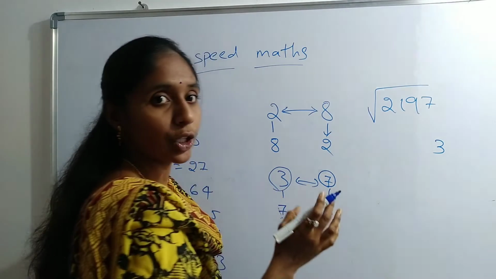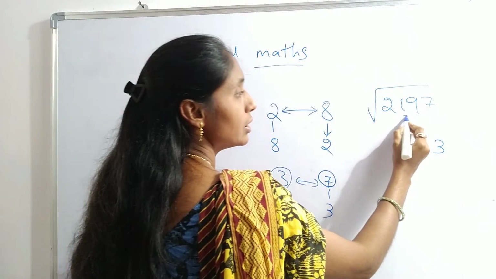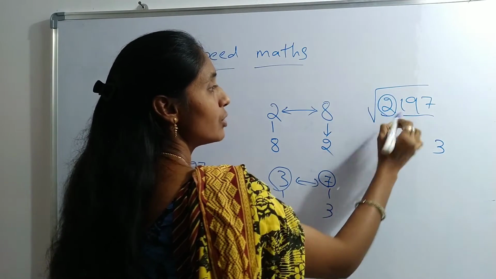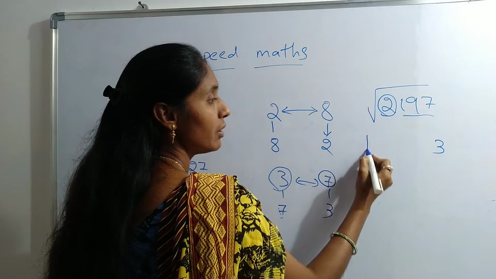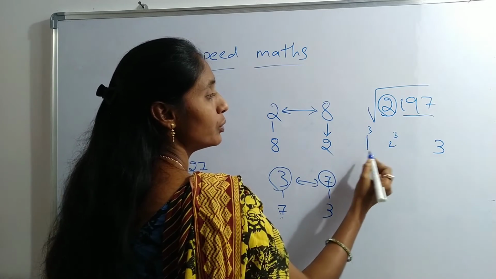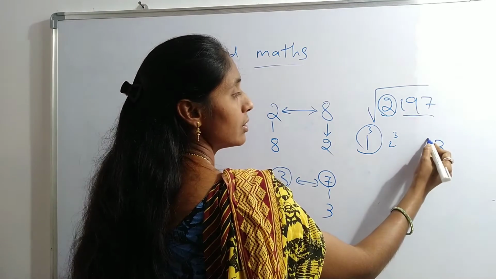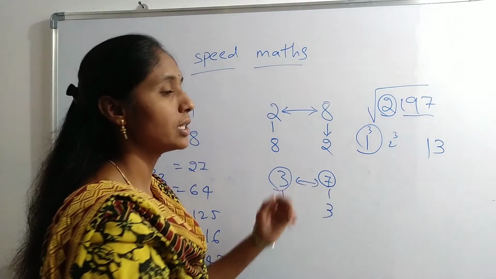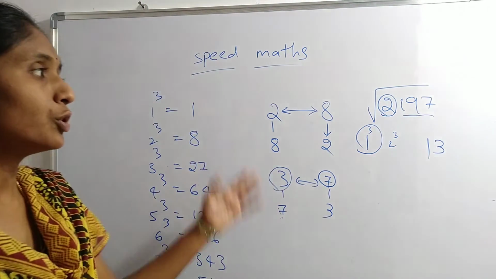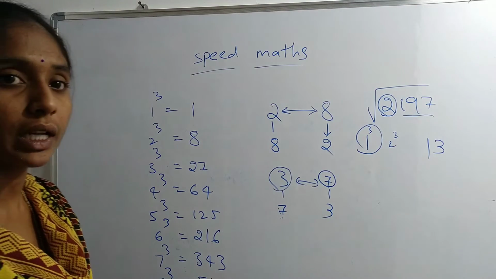Here this is the cube root value, so leave the 3 places. The remaining value is 2. 2 is in between 1 cube and 2 cube. Take the lesser value always. So 13 is the cube root value of 2197.